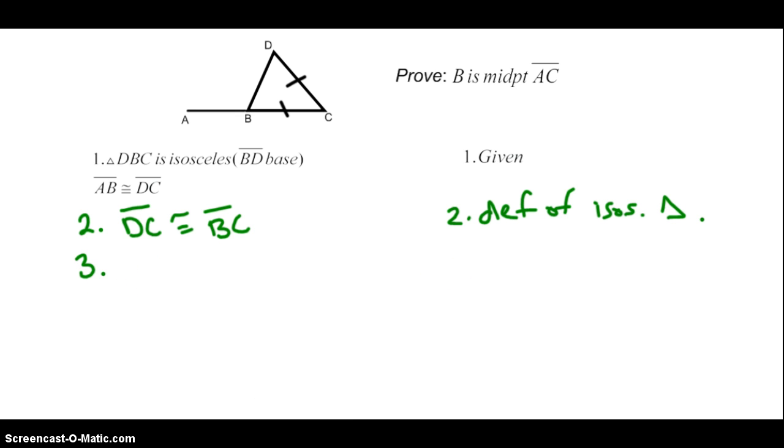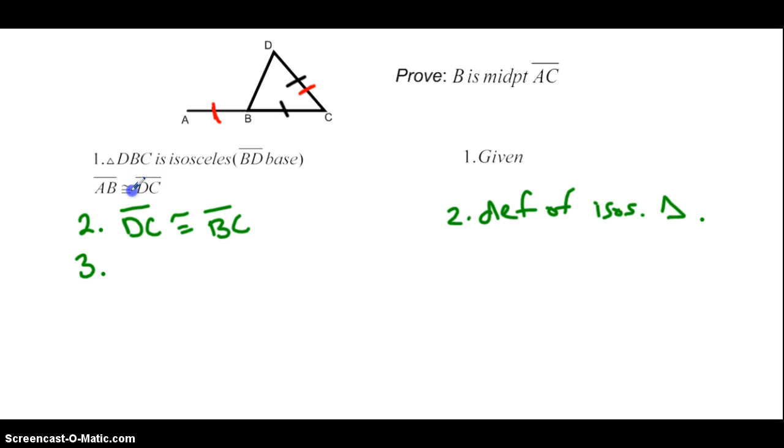The other thing that I was given was that segment AB is congruent to segment DC. Now notice how I'm doing it in two different colors. So I can actually see that there is an overlap of a segment being talked about here. If AB is congruent to DC and segment DC is congruent to segment BC, then this is substitution, or as the book would call it, transitive property.